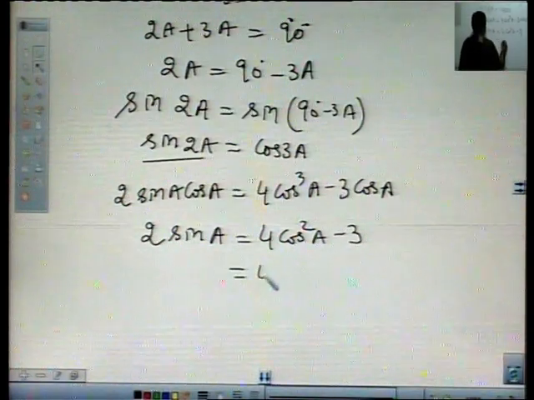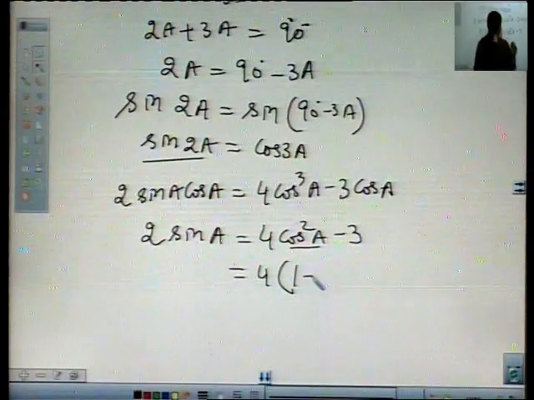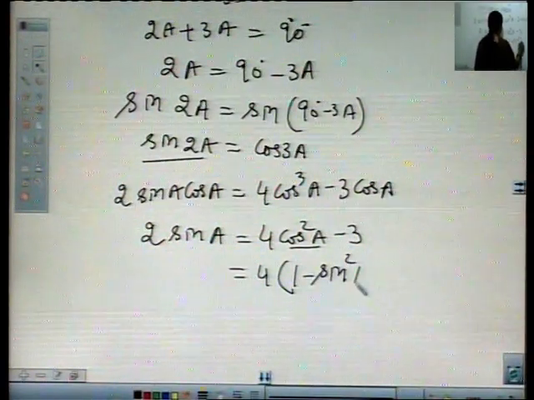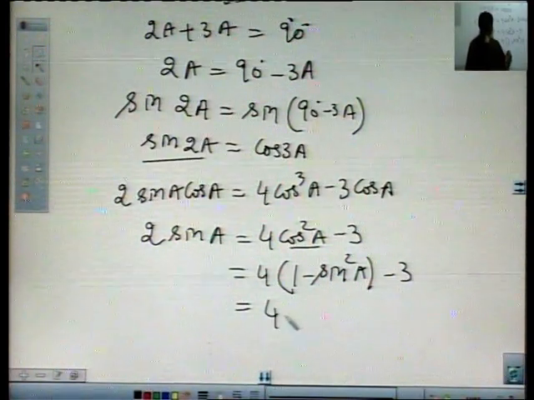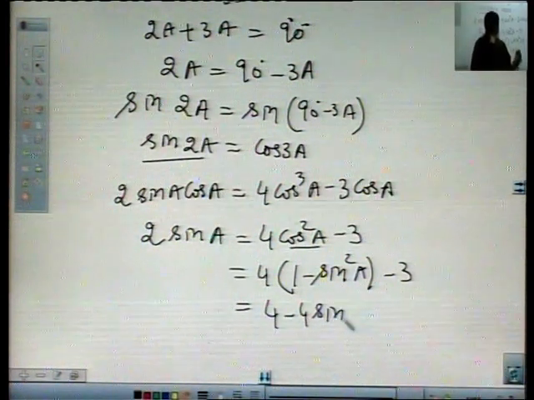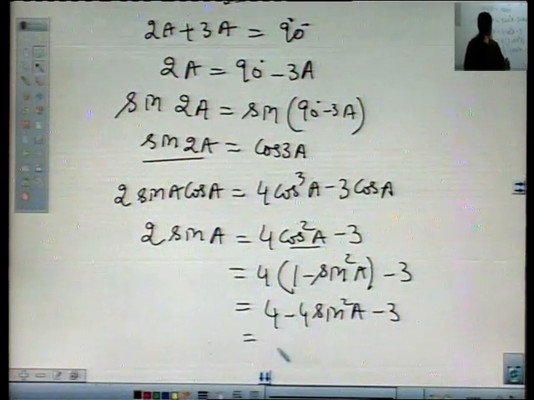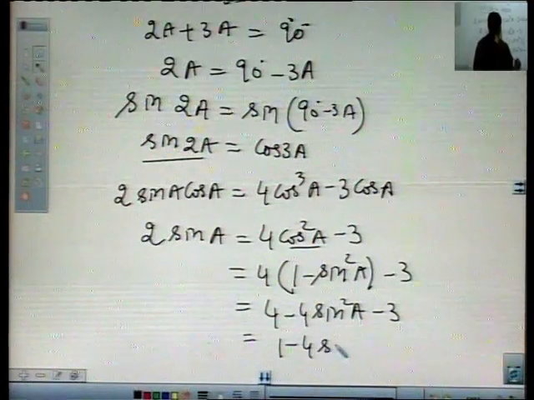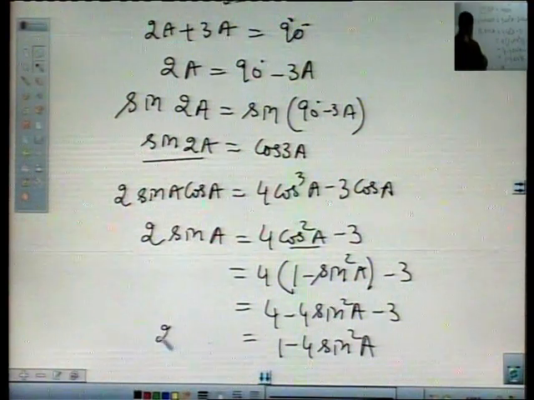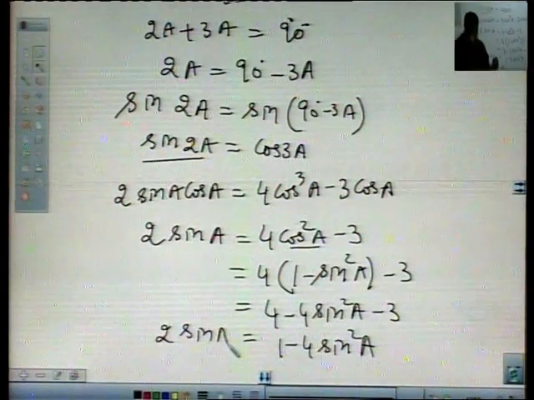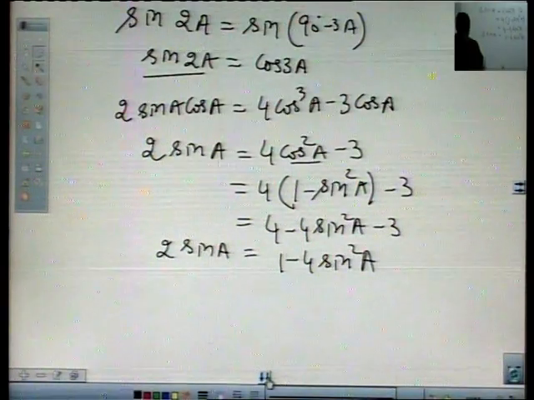Now change cos square A into 1 minus sin square A. Now 4 minus 4 sin square A minus 3, and it will be equal to 1 minus 4 sin square A, means 2 sin A is equal to 1 minus 4 sin square A.